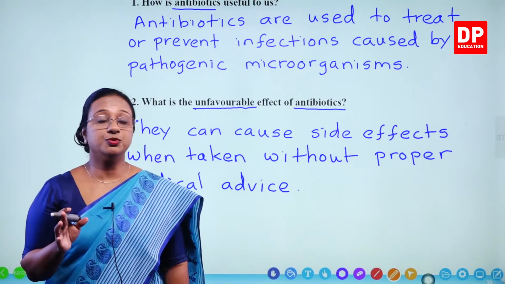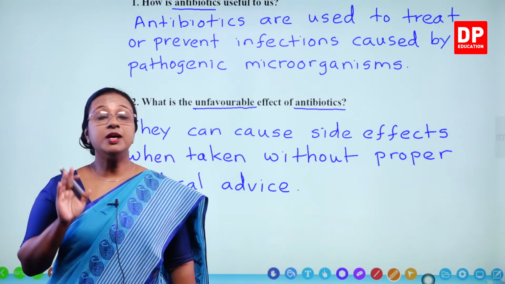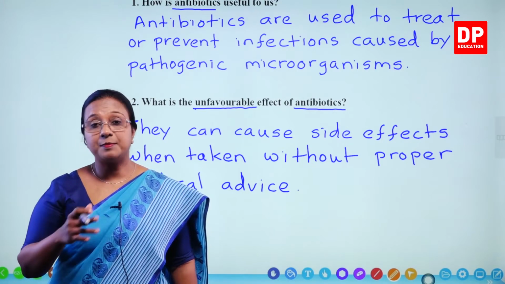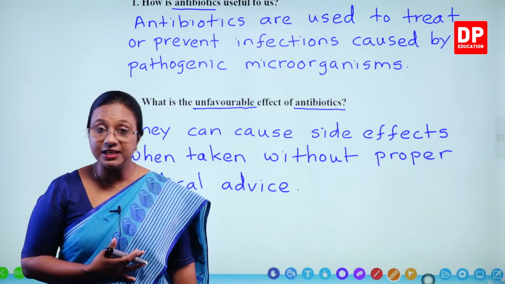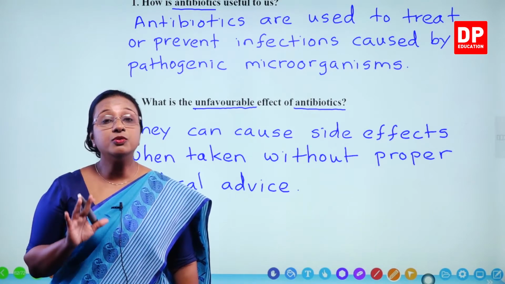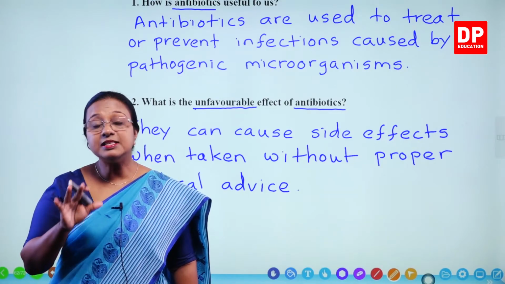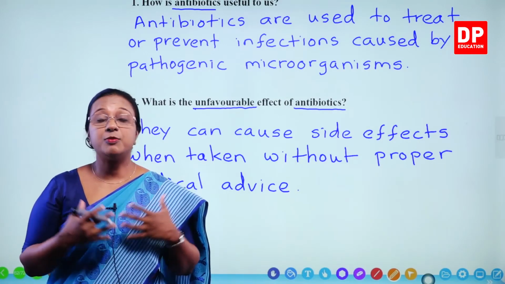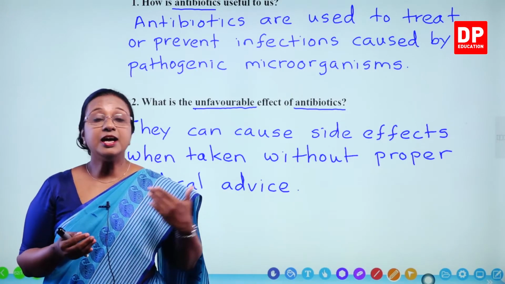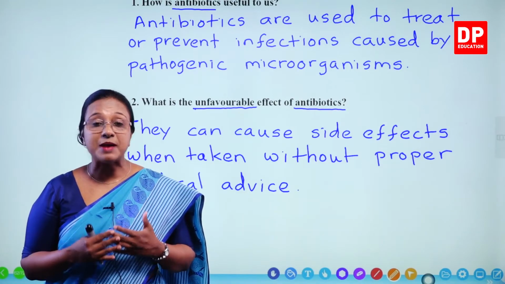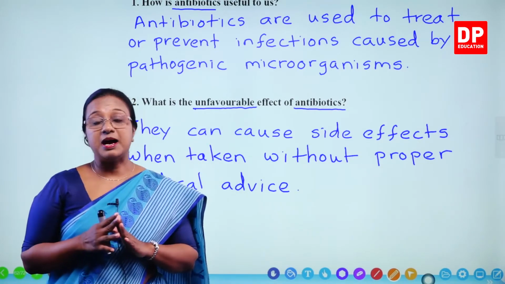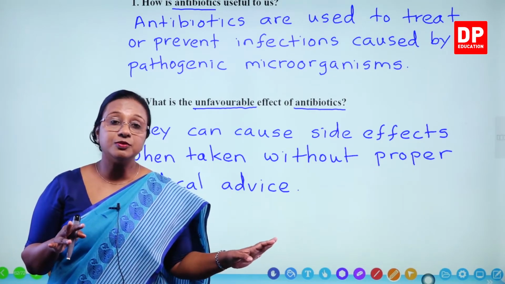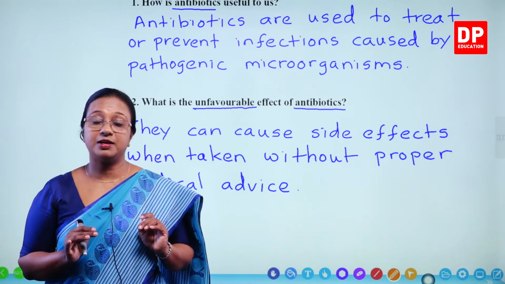And also students, this is something that you have to remember. There is one more issue. Now I have mentioned before, there are some microorganisms inside our body. For example, the E. coli bacteria in our intestine. That is good to us because it synthesizes vitamin B, which is good for us. You would have heard about prebiotics. So there it is related to this E. coli bacteria. When you take antibiotics, the antibiotic is a tablet. So that doesn't know what is the good microorganism and what is the bad microorganism.